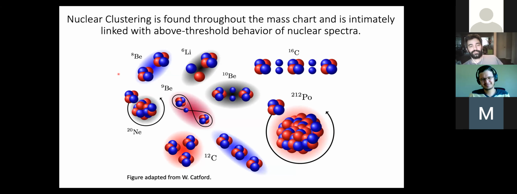Clustering refers to the formation of substructures inside the nucleus. So I'm showing, for example, 6 lithium clusters into an alpha particle and a deuteron, beryllium-8 into 2 alpha particles, carbon-12 into 3 alpha particles, and so on and so forth. These are all states that will affect the spectrum if they exist and are expected to be found near thresholds.